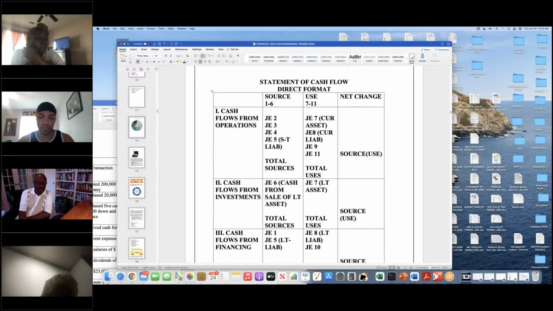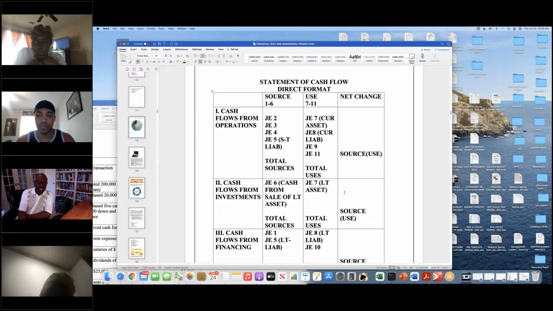Cash flow from investments. This section looks at long-term assets. Did we buy or sell long-term assets that have a life longer than a year? We're not in the business of doing that. Macy's is not in the business of selling land and real estate.